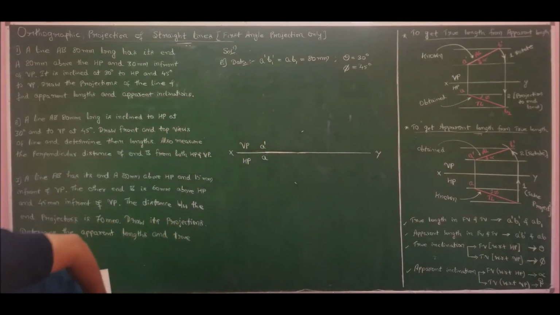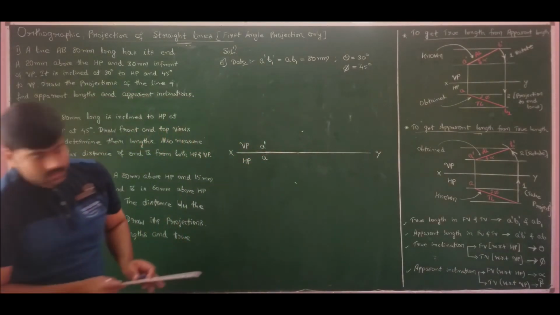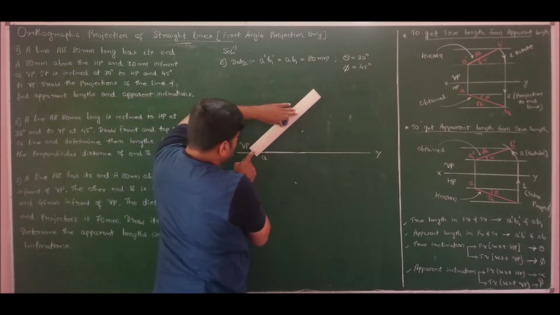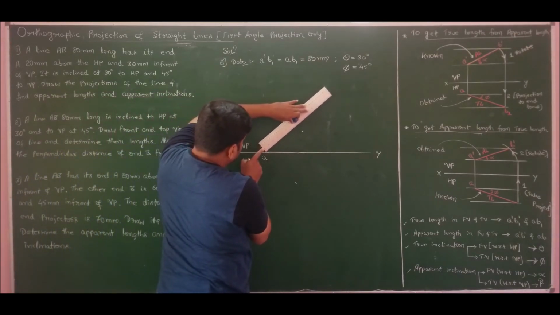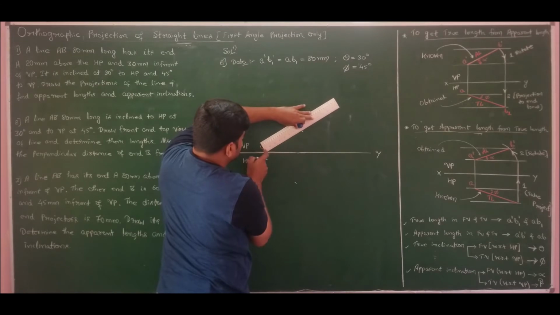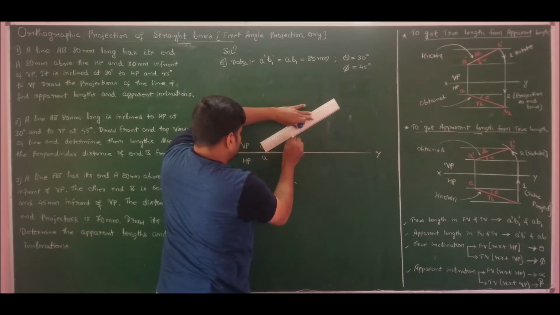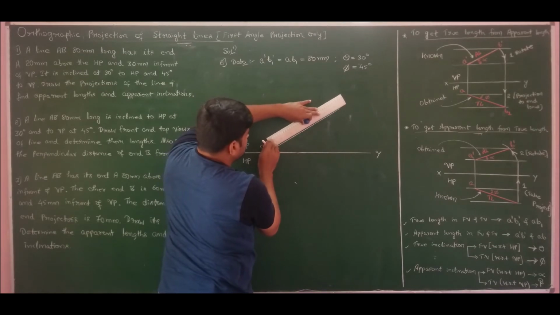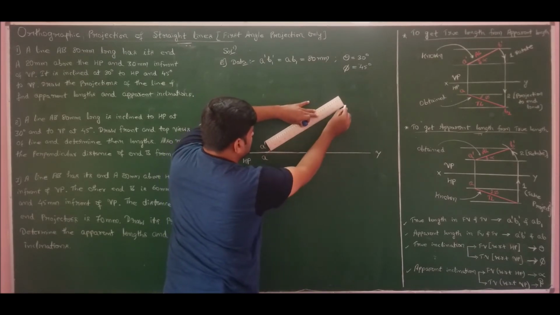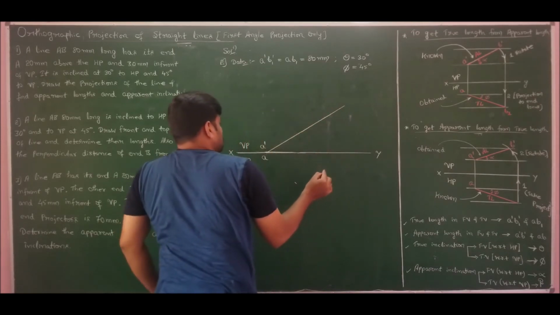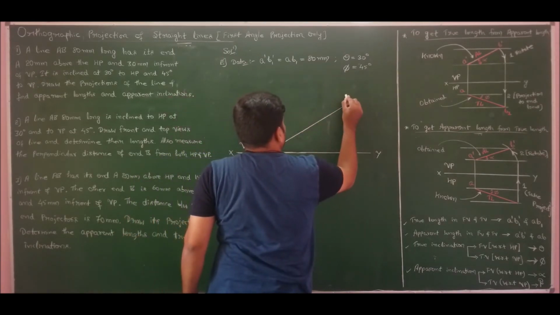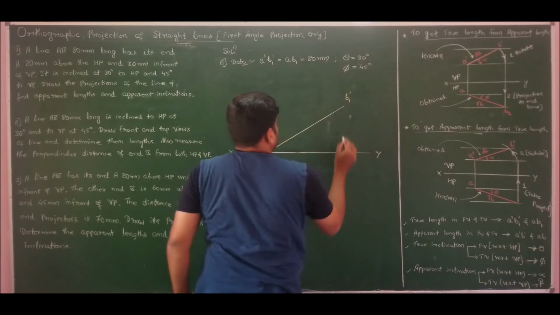Draw the projection. The line length is 80 mm. Since it is a true length, draw a very thin line. Therefore, I am using the white chalk. So thereby I got point B1 dash.